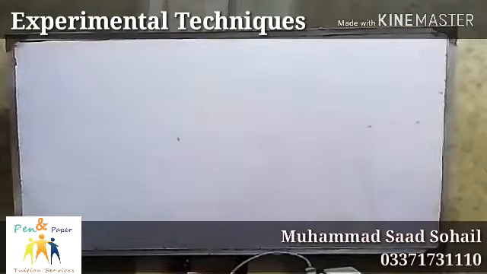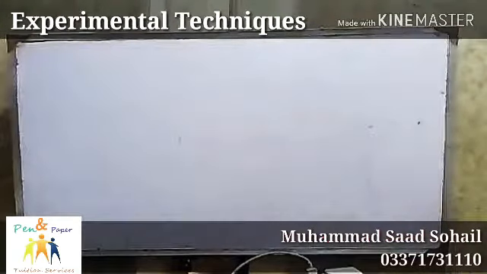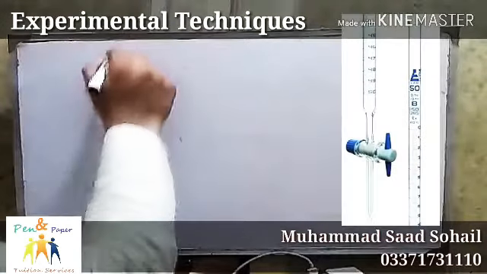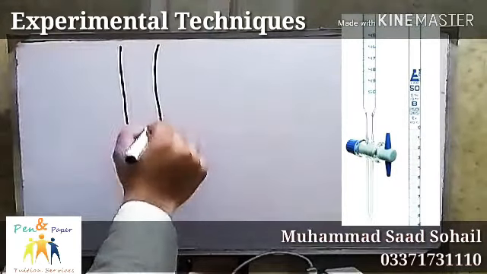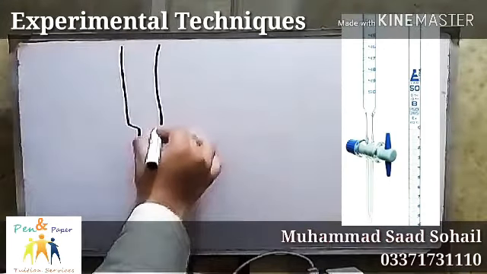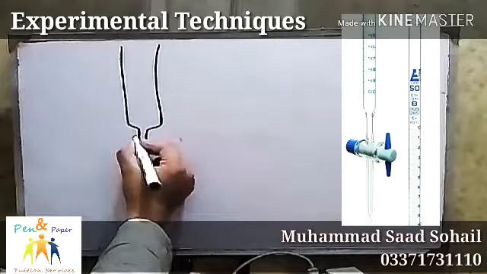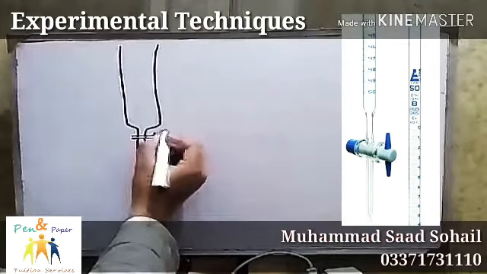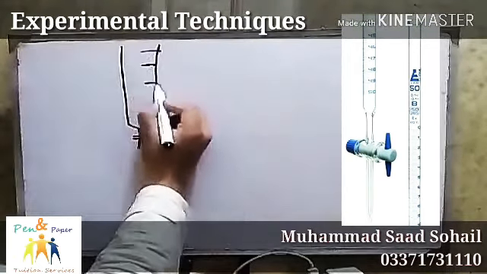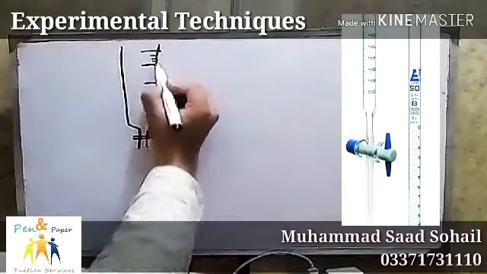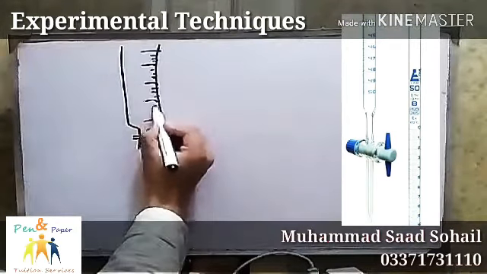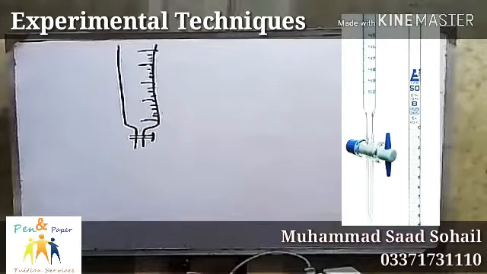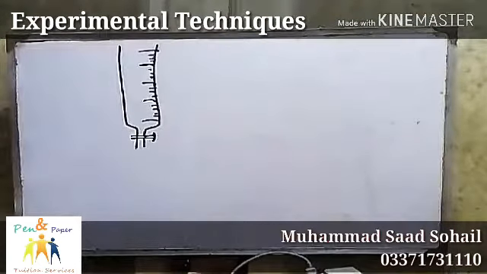Now after the pipette, you have another thing which is called the burette. It looks something like this. A burette is actually used to accurately measure any volume of liquid to the nearest 0.1 cubic centimeter, which is used up in an experiment.